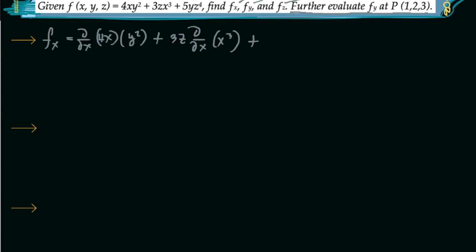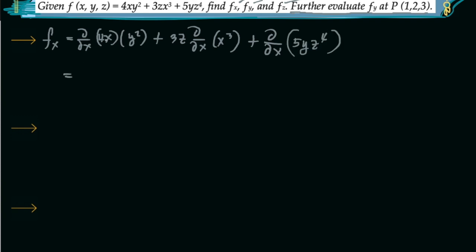And in the third term we have 5yz to the fourth. There's no variable x here, so in other words, we'll be getting the partial derivative of an expression without x. So what's the partial with respect to x of 5yz to the fourth power?